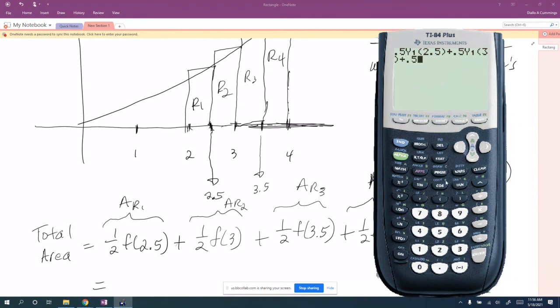Plus 1/2 times the function evaluated at 3.5.